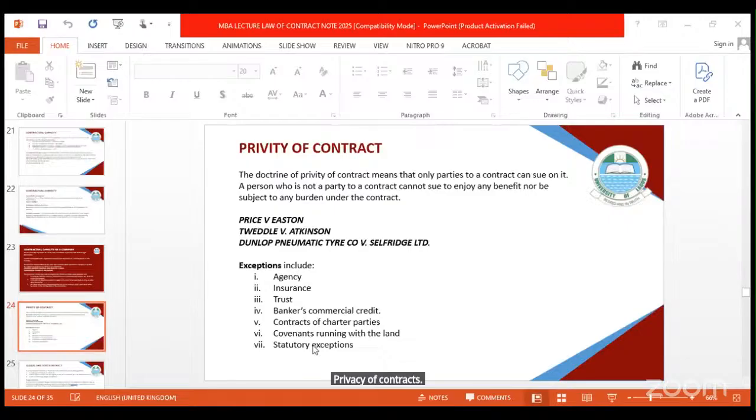But there are exceptions, because if we want to apply that doctrine strictly, it will not be possible. So you see those exceptions are listed there. Who can read those exceptions?